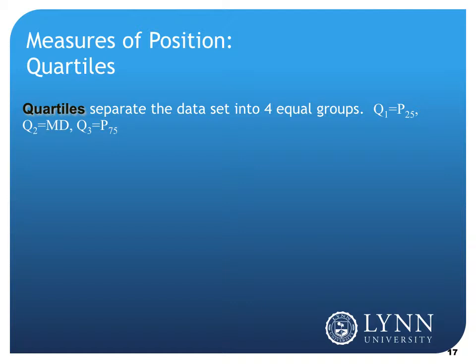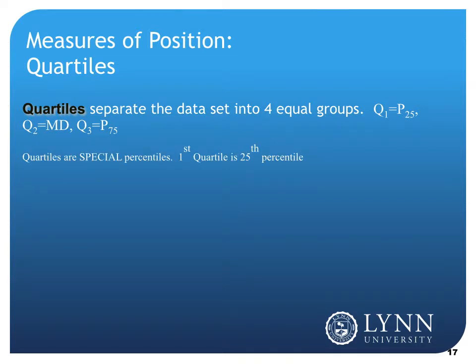Now, quartile 1 is equal to the 25th percentile, which is 0.25. Quartile 2, which is the median, is the same as the 50th percentile. And quartile 3 is equal to the 75th percentile.